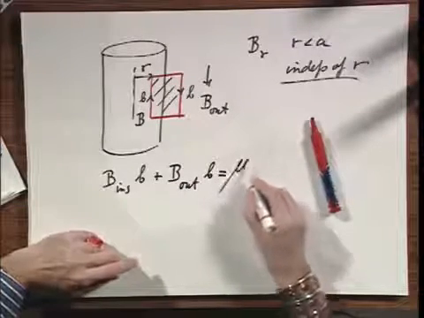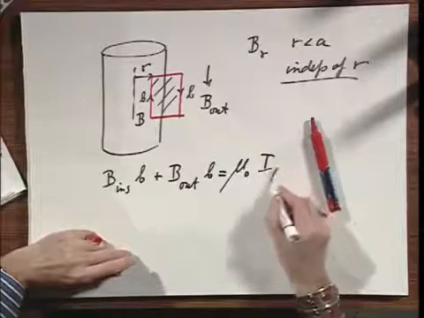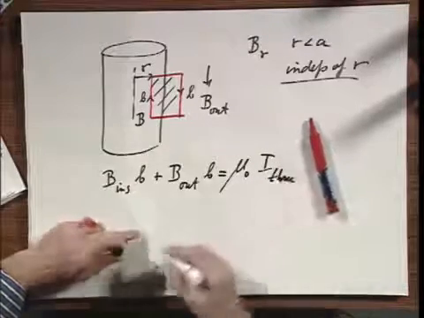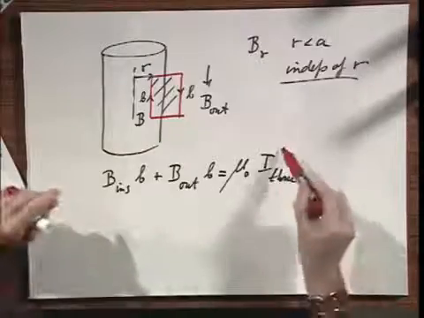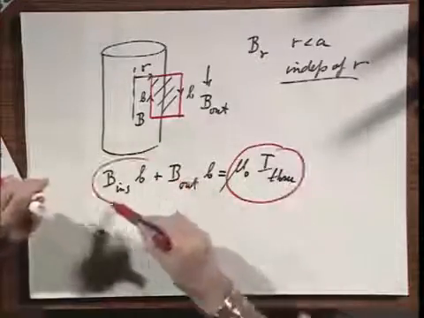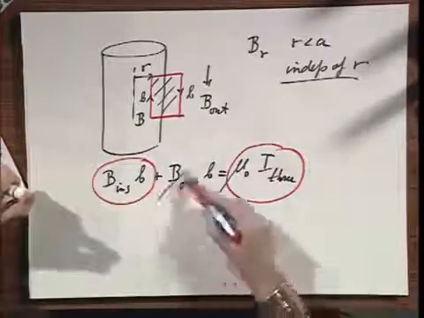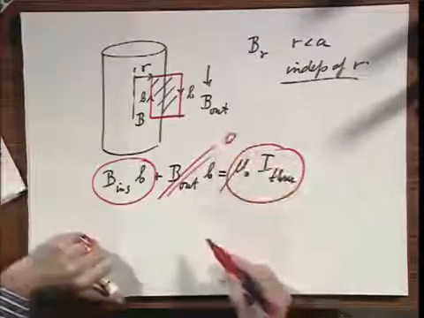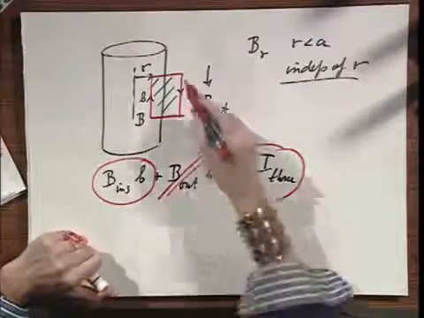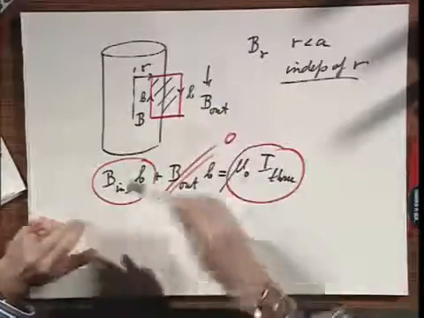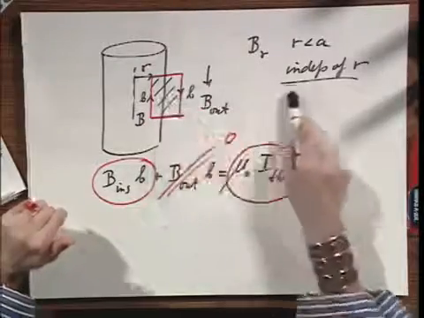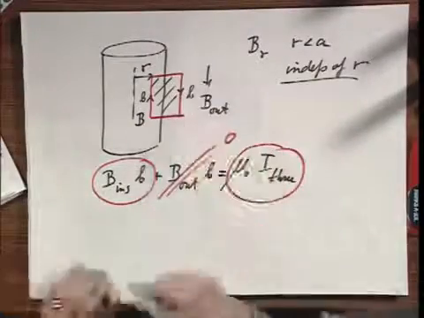That now equals mu 0 times I through, which we just calculated. But we already showed that this is the same as that in the previous calculation. So there's only one possibility, that this is 0, and so the magnetic field outside the solenoid, independent of how far you are away, equals 0.